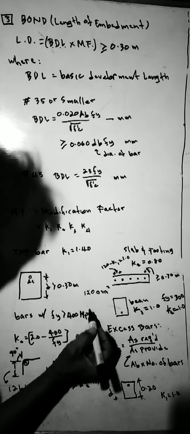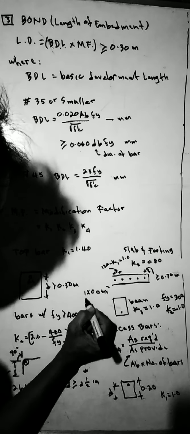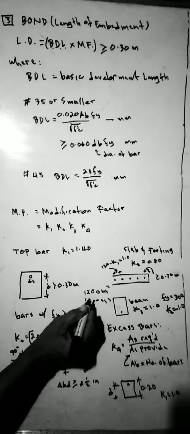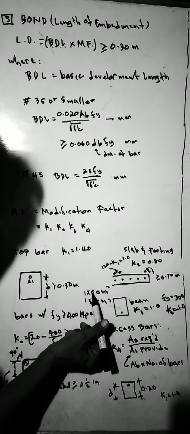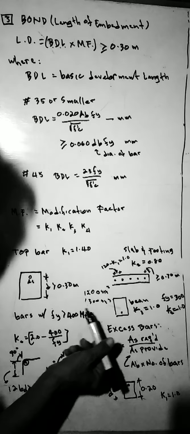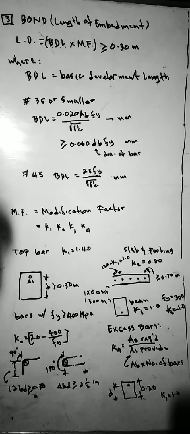But in the computation, sometimes you use, for example, 1,300 millimeter squared. This is the provided. This is the required, and you use 1,300 millimeter squared.